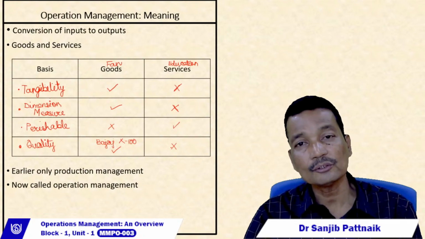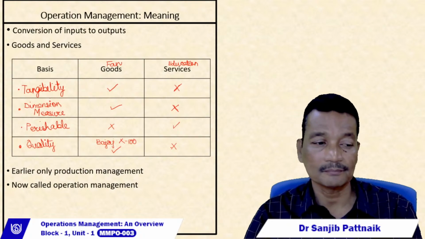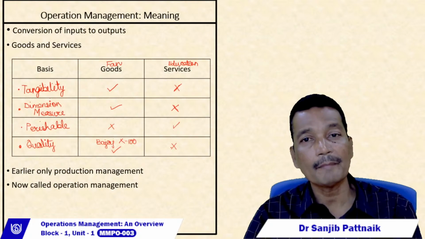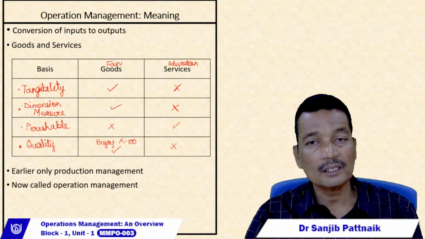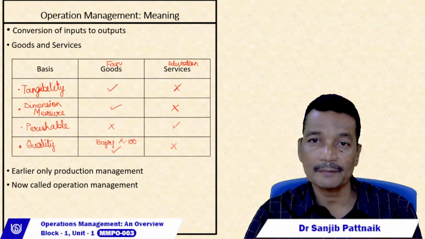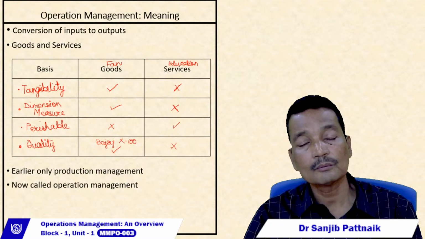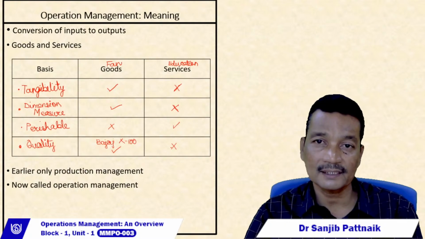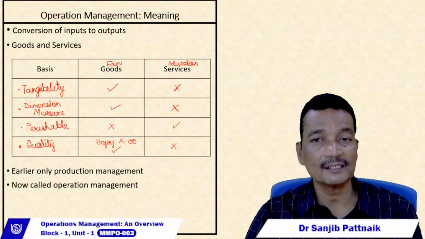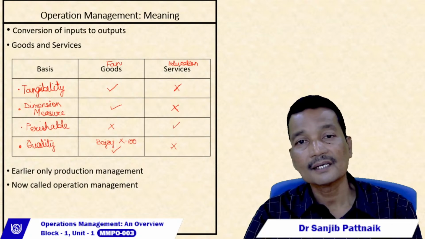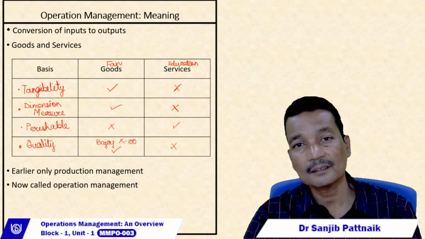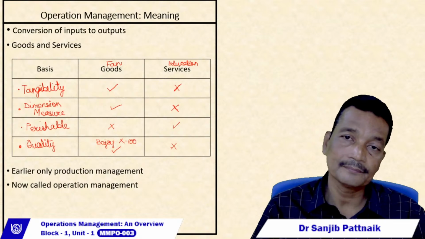For that also you require a conversion system. Like suppose bank. What are the inputs? The human capital. Investment will be there. Investment for facilities, like building, like equipments, computers, etc.